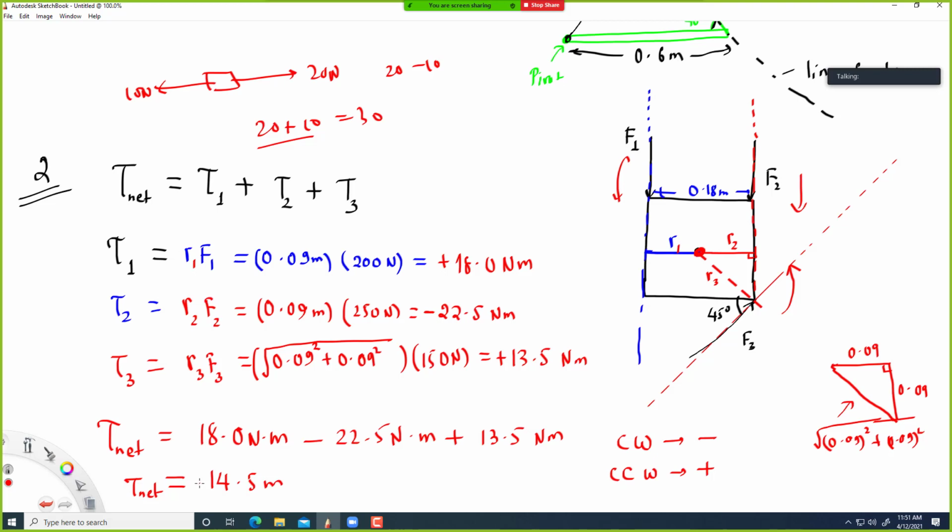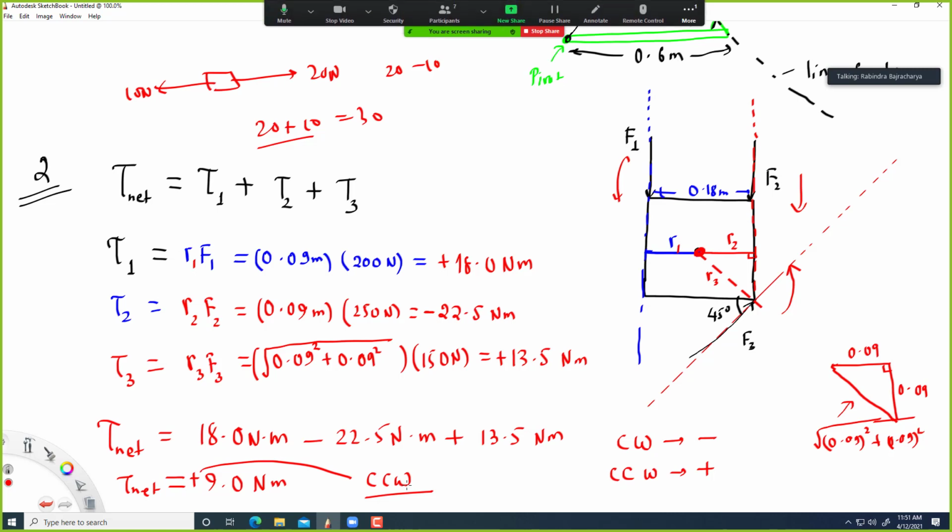You got 9? Okay, maybe I'm not correct here. Okay, so you got 9 Newton meter, and this positive means the net would be in counterclockwise. Okay, so we are out of time. I will stop here and then we'll continue this next time.